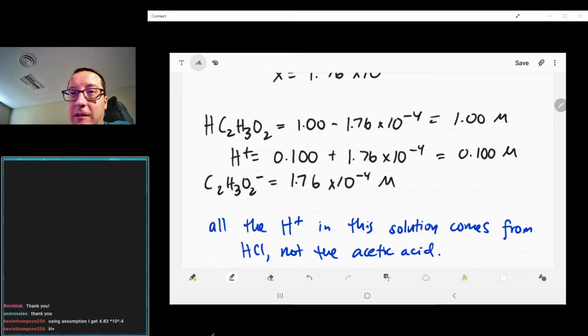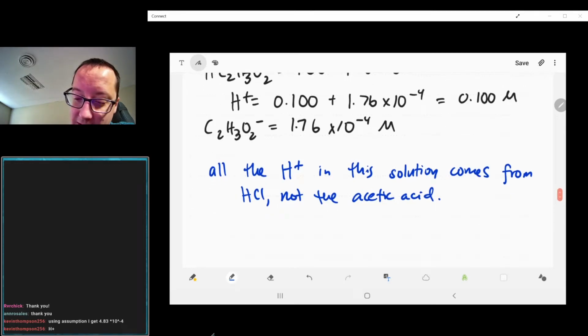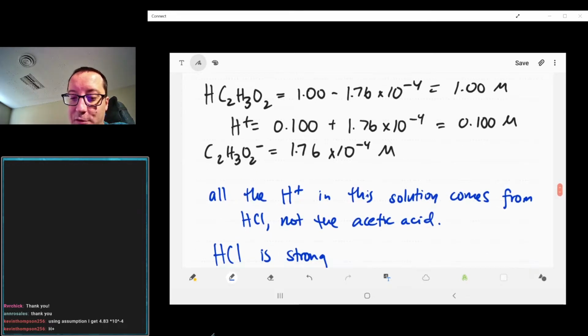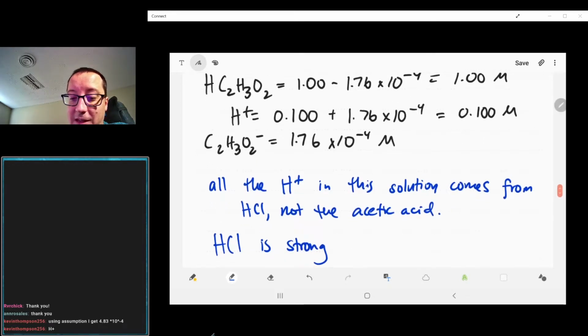Perhaps we expected this because HCl is strong, right? So, it's kind of expected that way. Normally you would expect some coming out here, but overall, because the H plus from the hydrogen chloride was so much bigger, we overall have completely nullified this equilibrium.